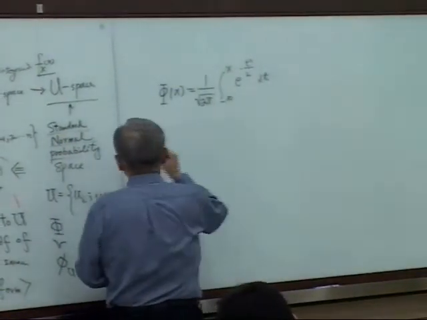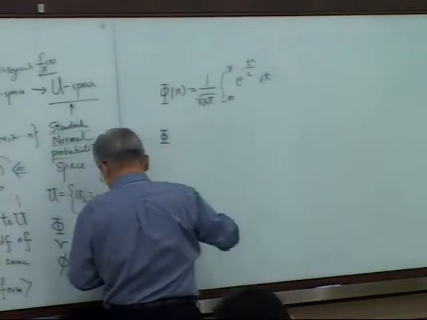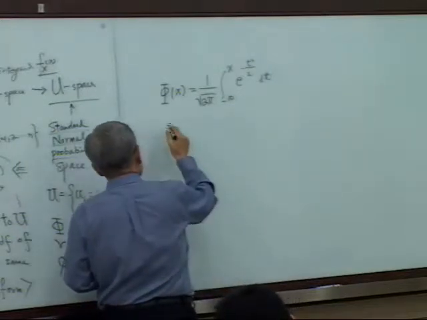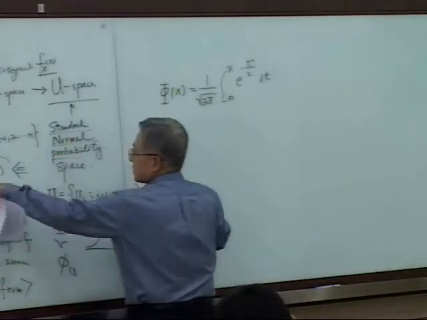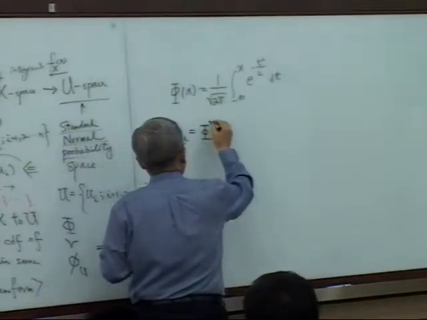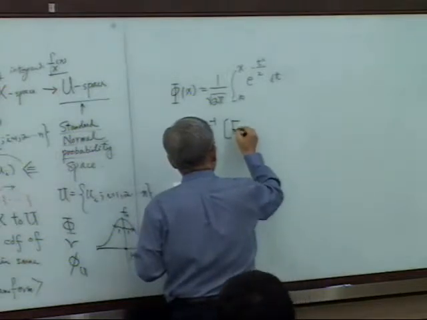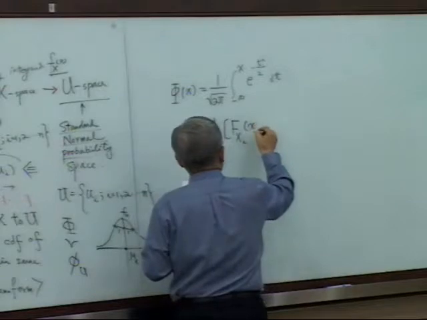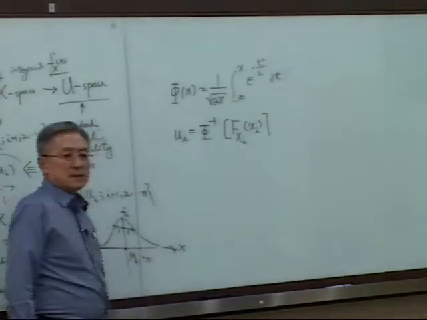And from that transformation, I can say that ui is equal to phi inverse of Fxi.